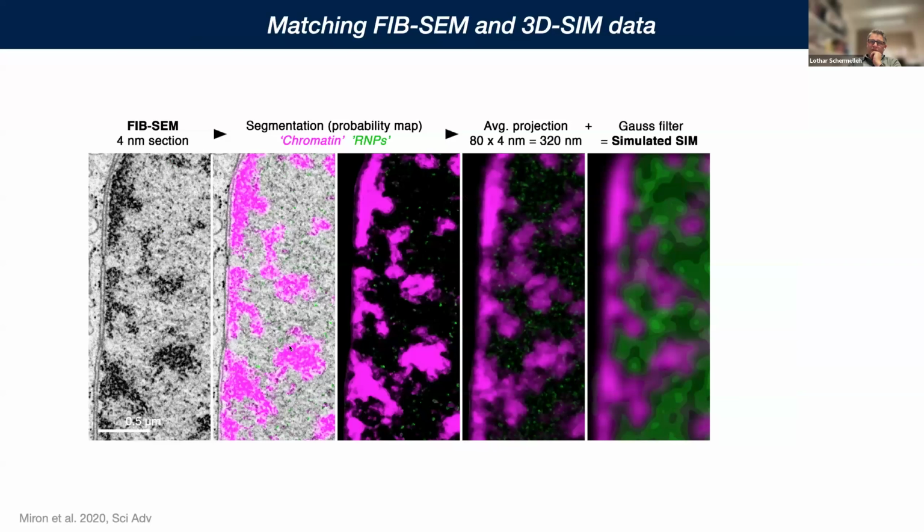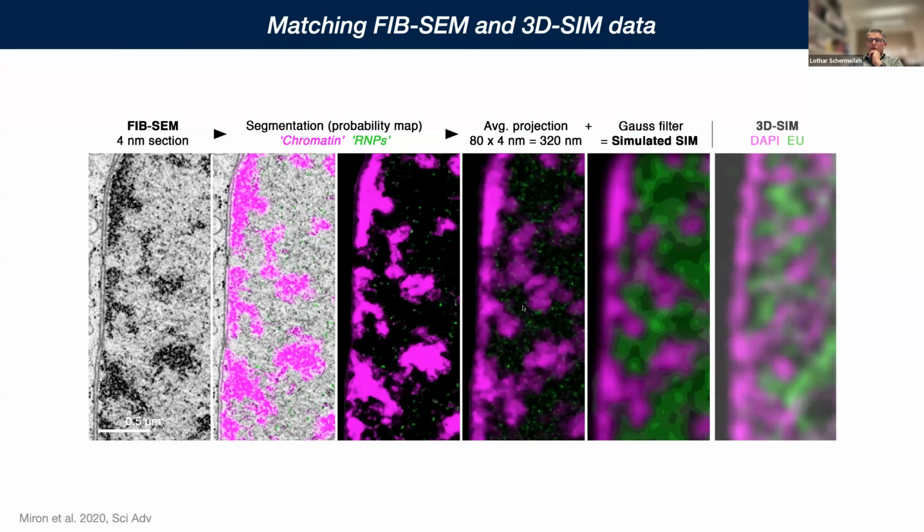When we do this segmentation, we can separate these features here, and then we can simulate the same sort of resolution that we get with SIM. And this is our simulated SIM image based on the 3D PIPSEM data.